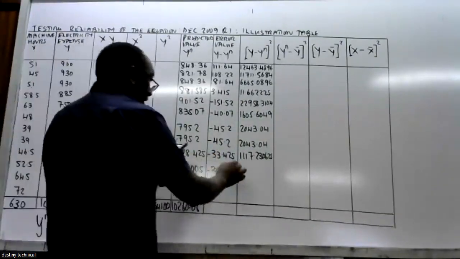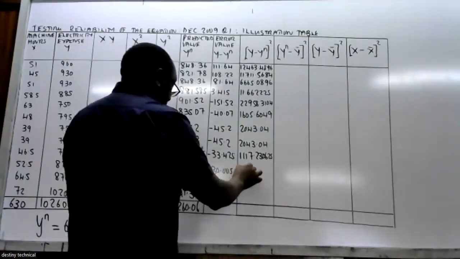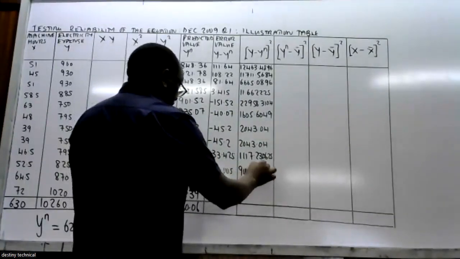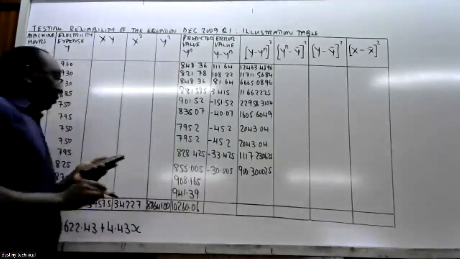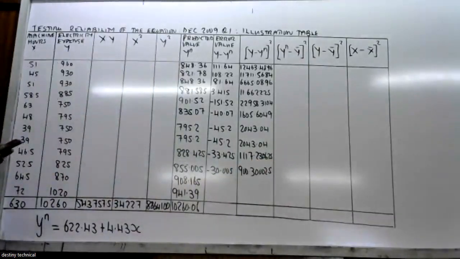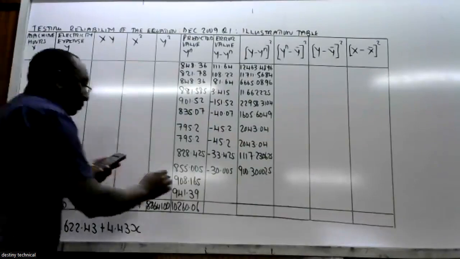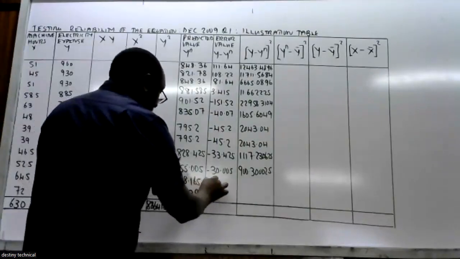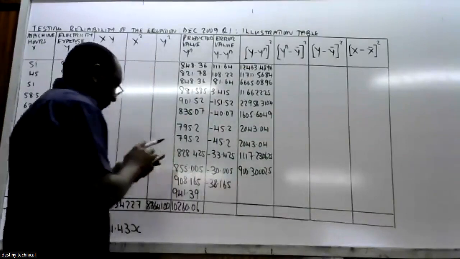You square that, this is 900.30025. 870 minus 908.165 is minus 38.165.